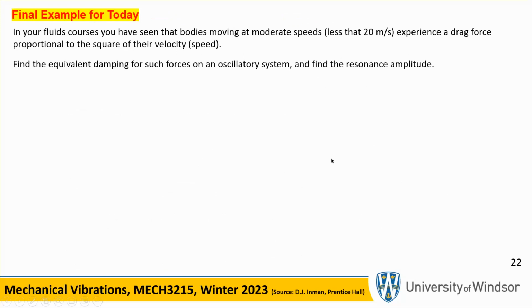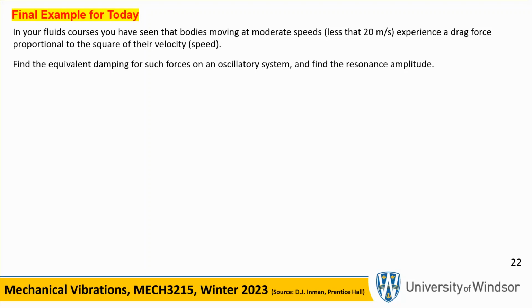This is the last example for today. In fluids courses, you were told that drag force is proportional to the square of the velocity. You remember that? Based on that observation, we want to find the equivalent viscous damping coefficient. Let's say hypothetically we have something going back and forth in a fluid at low speeds, maybe a ball or airfoil or a plate.